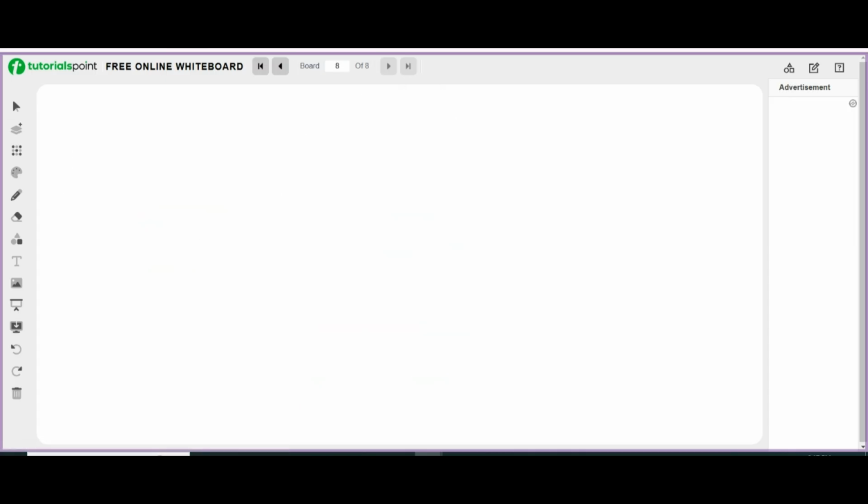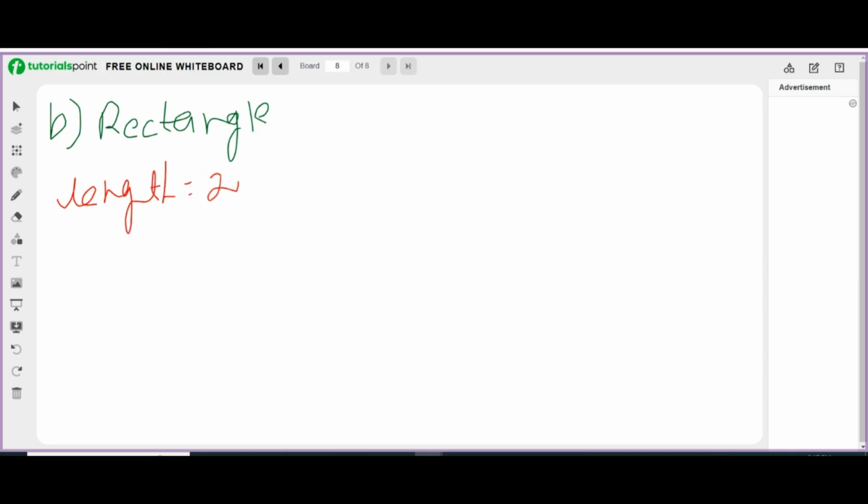Can I move to the next slide now? Okay, B is a rectangle. Length is 200 meter. Width or breadth, okay, breadth is 100 meter.